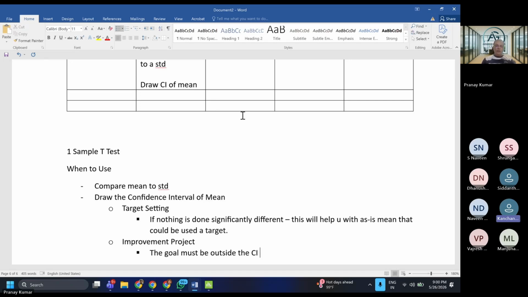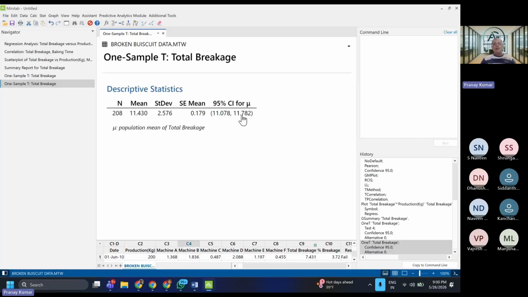The leader will say it should be significantly away. You are currently doing 11.07 to 11.78. Shrungar says I'm doing a project to reduce it to 10. The leader will say nothing doing, reduce it further. But from a statistician's standpoint, this is what you're doing. Anything less than this is significant improvement. Statistically speaking, what is the meaning of significant? Anything outside the confidence interval is considered significant.